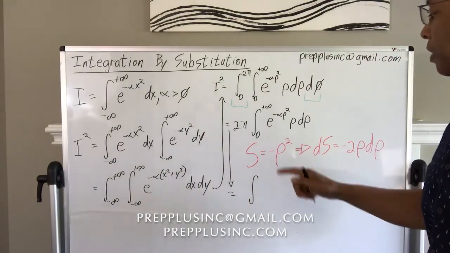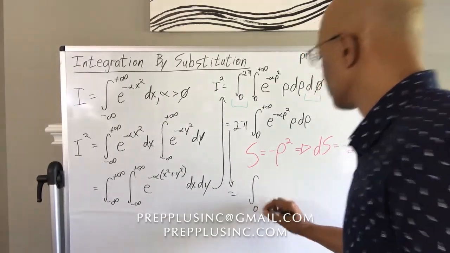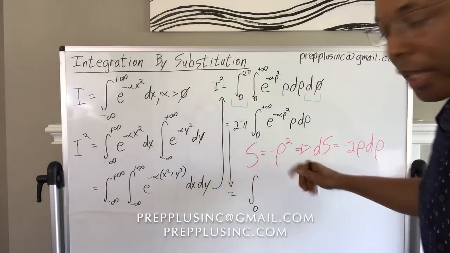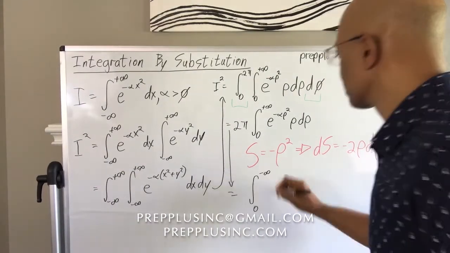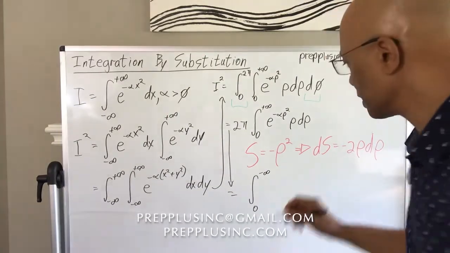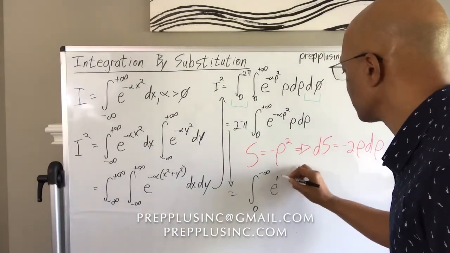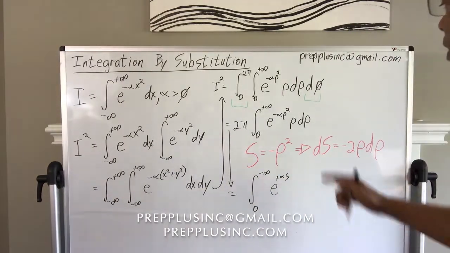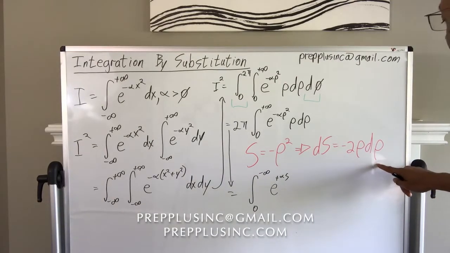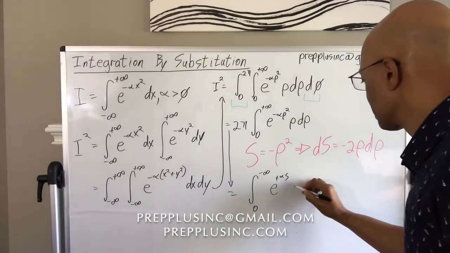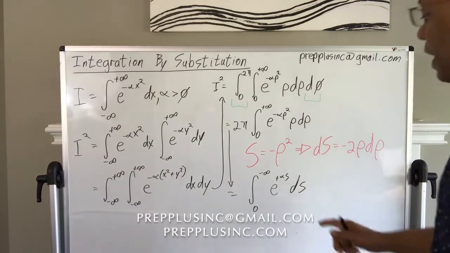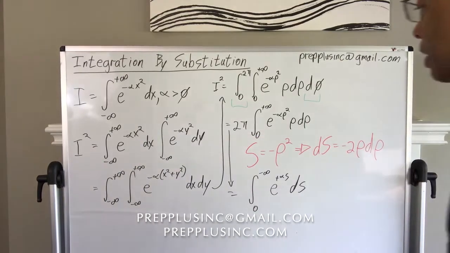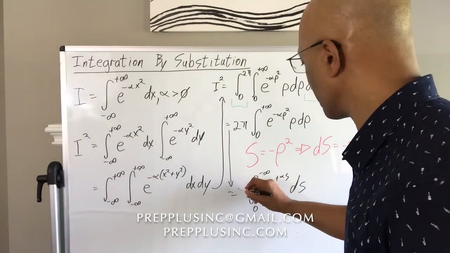When rho is 0, s is 0. When rho is plus infinity, s is minus infinity. Okay, so this is e to the plus alpha s. Rho d rho, I've got that in the ds. And the ds has the 2, which we had before, and now we need a minus, so minus pi.